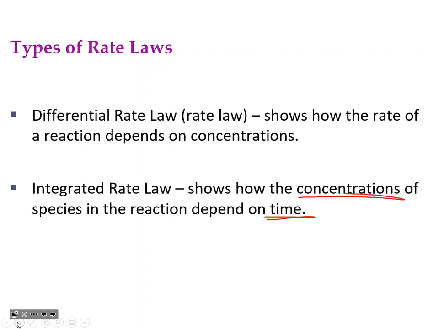So integrated, now we're looking at data sets versus time. And we're going to be doing a graphical analysis just like we just did with differential. And that graphical analysis is going to provide us lots of information about the order of the reactant. And integrated rate laws really focus on the order of just individual reactants, not putting them all together in one big rate law equation.